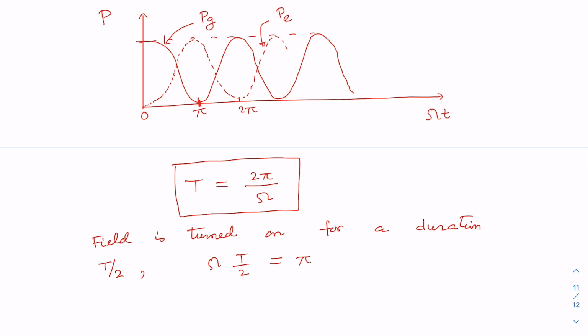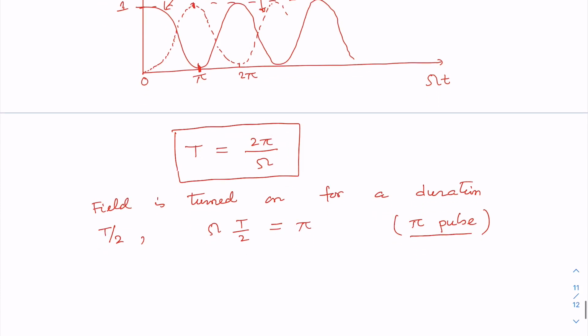So I'm talking about this one. As you can see, this means that the atom which is initially in the ground state is promoted to the excited state. You see here it's now going to the excited state with 100% probability, or unit probability. This is 1. This kind of pulse is called a pi pulse. So when the Rabi frequency into time product is equal to pi, the laser pulse is known as a pi pulse.